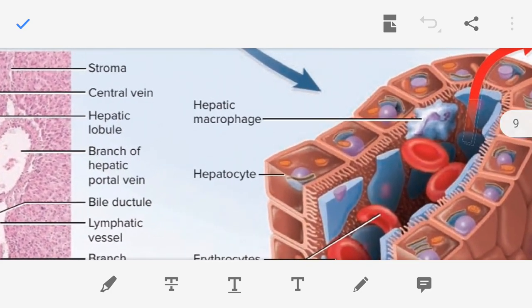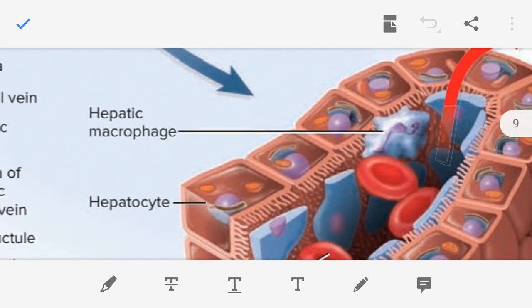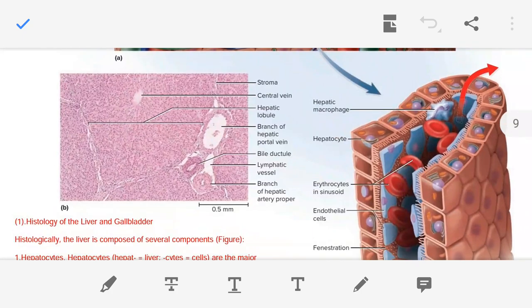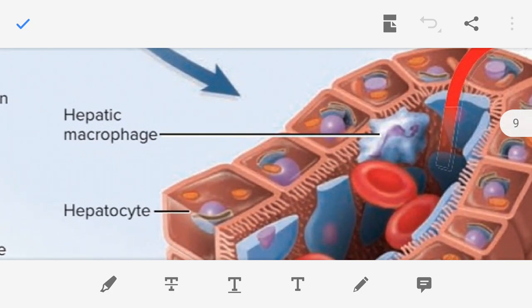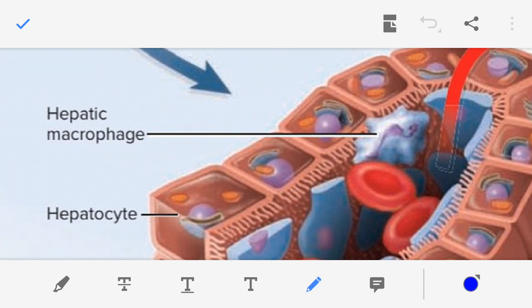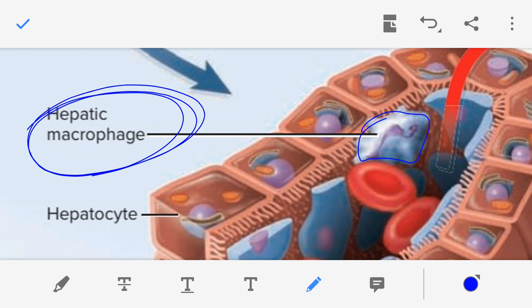See, the reason was, this is the hepatic sinusoid, and you see this cell, hepatic macrophage.